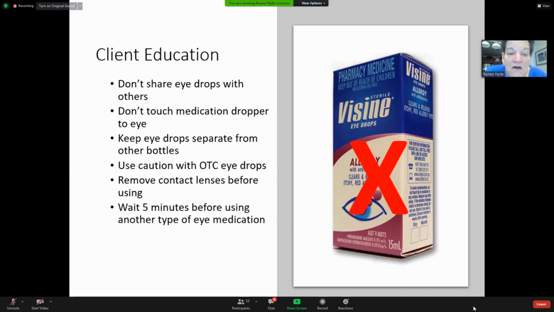But have any of you ever done a hemoccult test for stool? Yes. Okay, the dropper for that looks very similar to an eye drop bottle, doesn't it? It does.